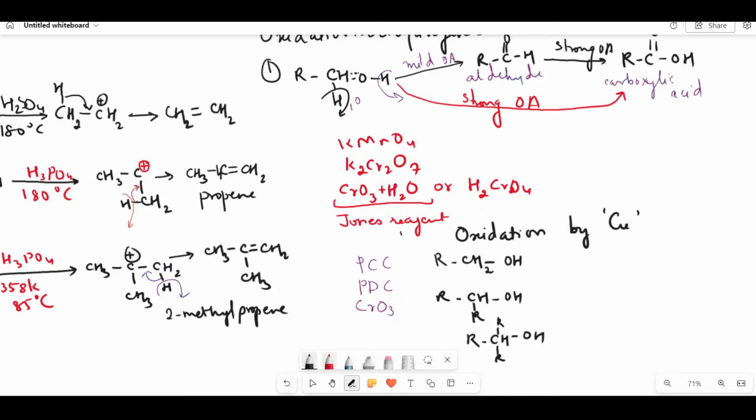Reaction with copper at 300 degrees centigrade. All of them I am doing with copper at 300 degrees centigrade.